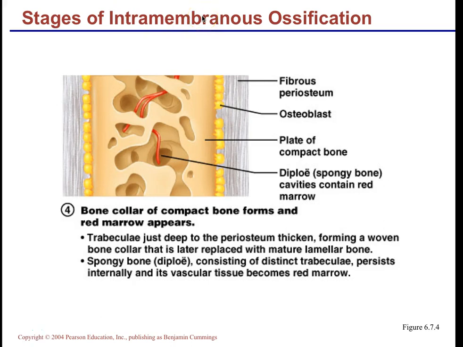Because in that area where you're going to be making the flat bone are these mesenchymal cells that will then differentiate into osteoblasts. And then once that happens, now they're talking about the membrane of the periosteum and the endosteum, but once you've got the mesenchyme into osteoblasts, they start making bone, so they will start to ossify.